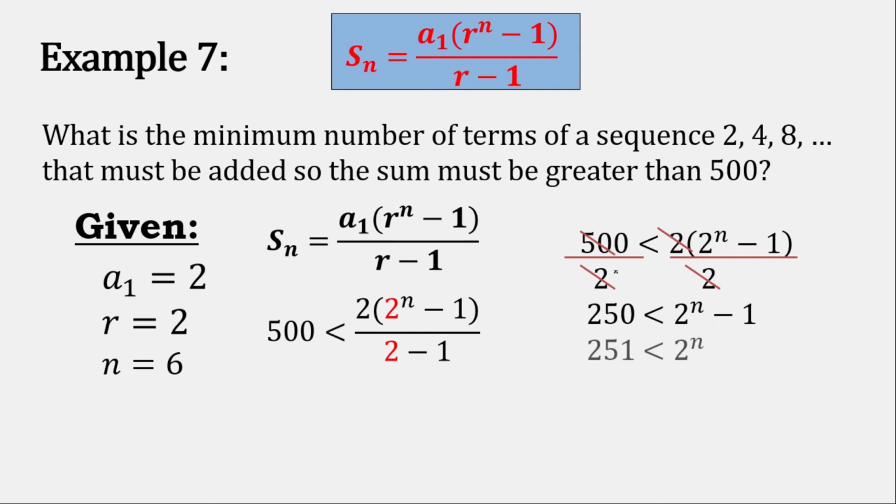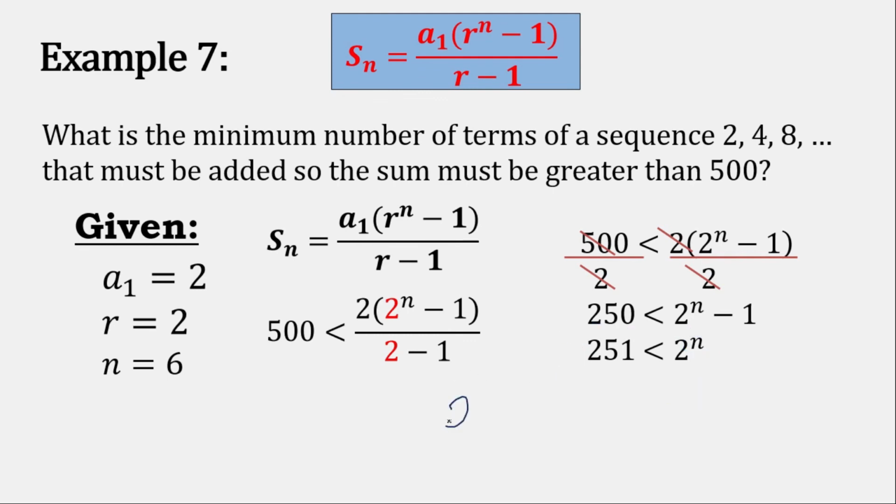So we have 251 less than 2 raised to n. Now all you need to do here is to guess a value by trial and error, what is the lowest number we could possibly put to n in order for us to satisfy this inequality.